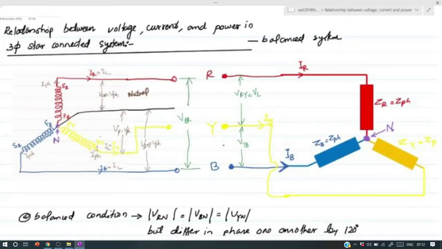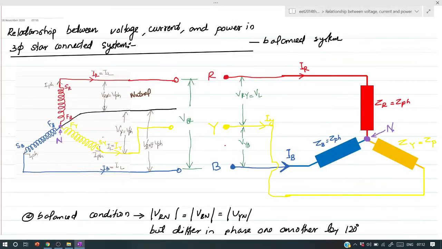So in a three-phase balanced system, whether we are considering phase voltages or line voltages, they are mutually phase displaced by 120 degrees. That is VRN is V phase angle 0, VYN is V phase angle minus 120 degrees, and finally VBN is V phase angle minus 240 degrees or V phase angle 120 degrees. A similar case happens with line voltages also.